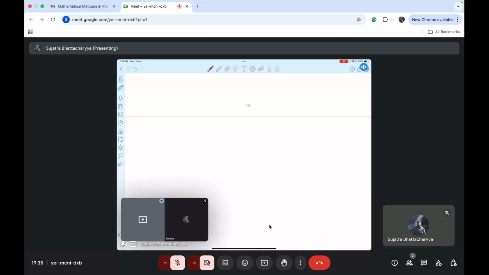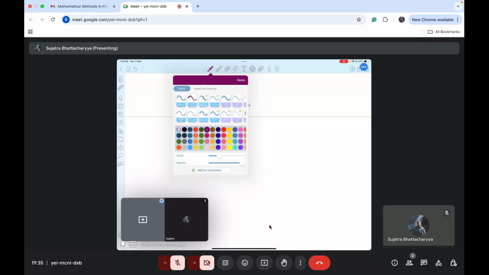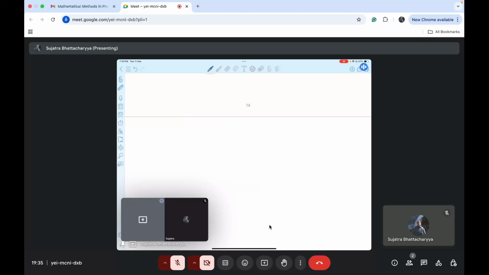Okay, so I will show you that. So about the convolution, which is a very important property, let me show the convolution theorem. Okay, and I will show how the Laplace transform is used.